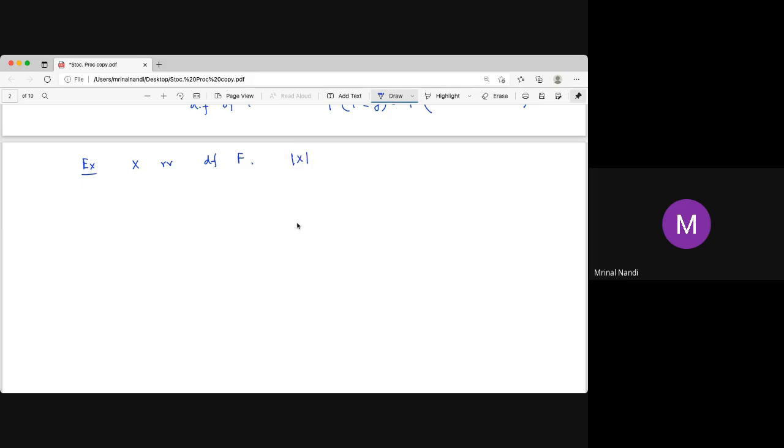One function is mod X. Say another function is aX plus b. Say another function is X to the power k. There are three functions. And say another function is mod X whole to the power alpha. Here a, b, alpha, k are all real.